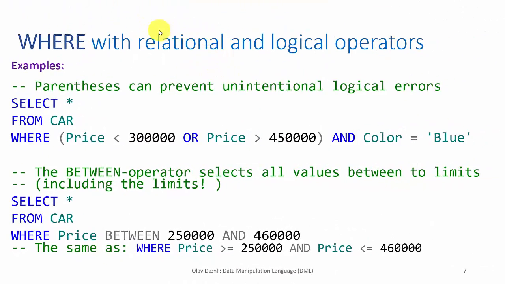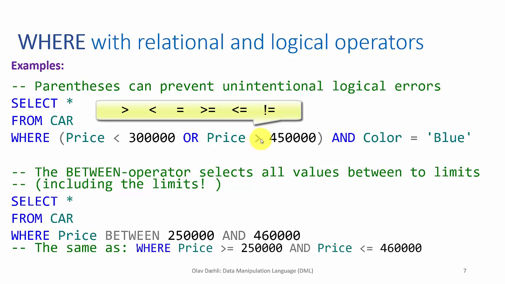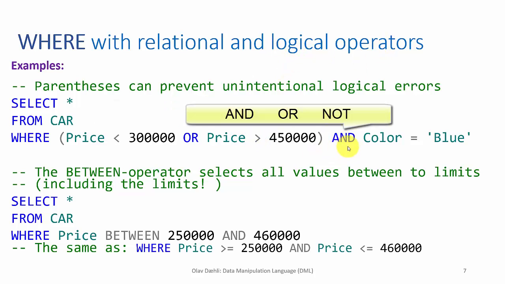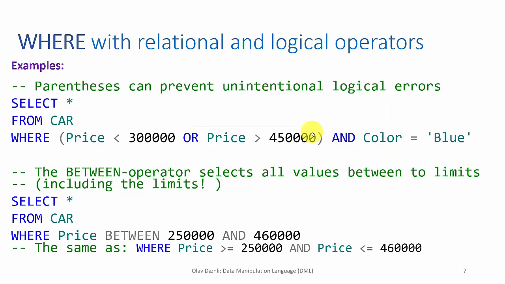The where condition can also be used with relational operators like smaller than, greater than, equal, greater or equal, and so on, and logical operators like and, or and not. I advise you to use parentheses to avoid any misunderstanding.